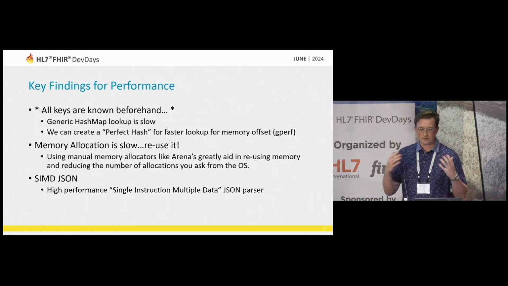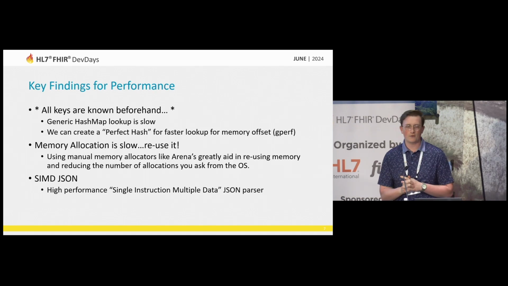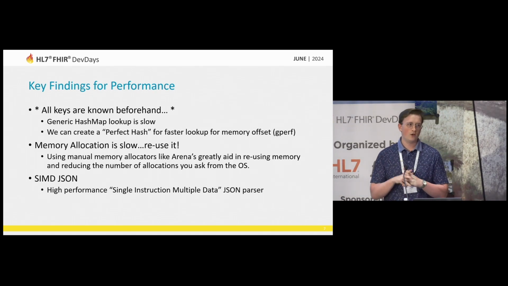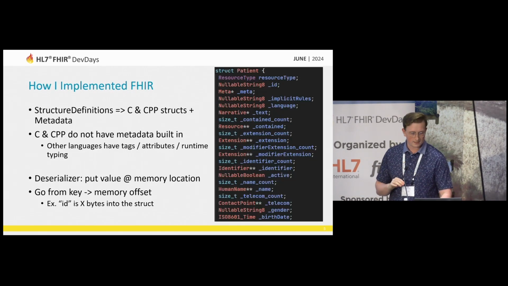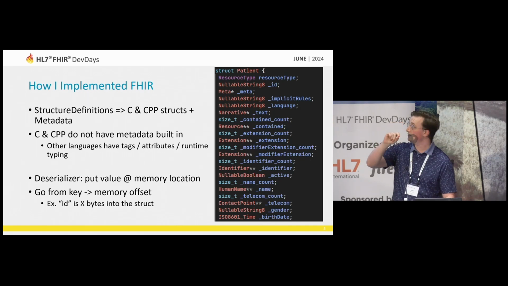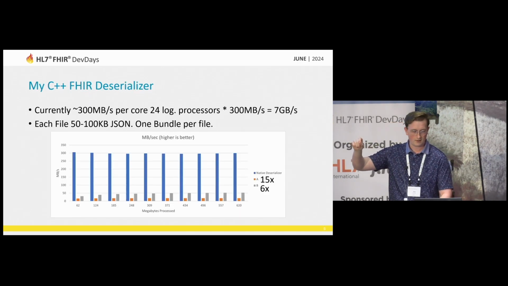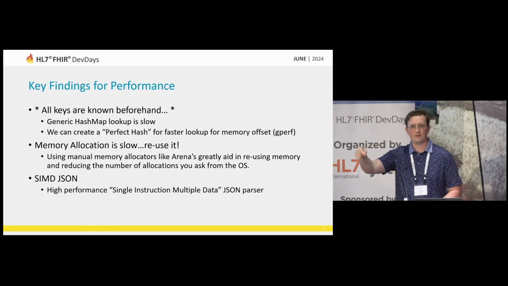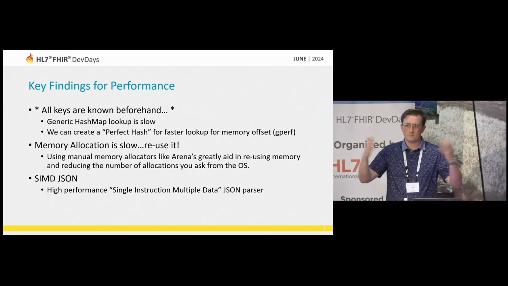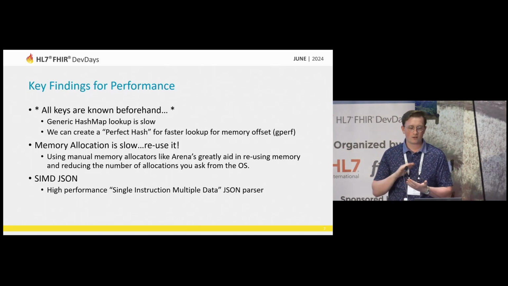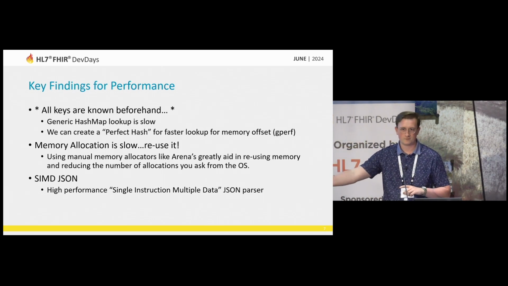A couple key things for performance that I found with working with FHIR is, if you remember this process of you have a key to a memory location, if we can speed that up significantly, we already improved our problem. So all keys are known beforehand because we have the structure definitions of every possible key to every memory location.